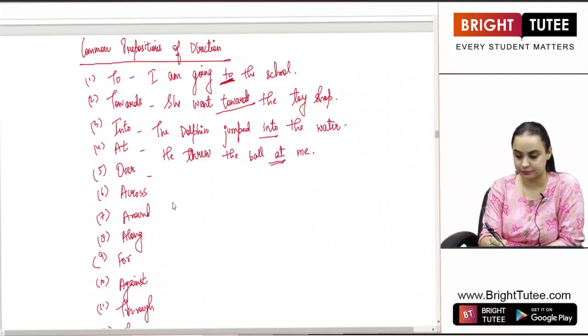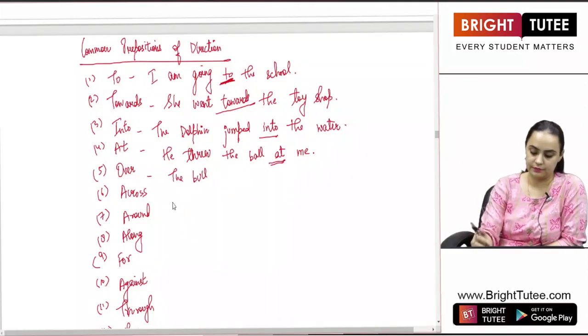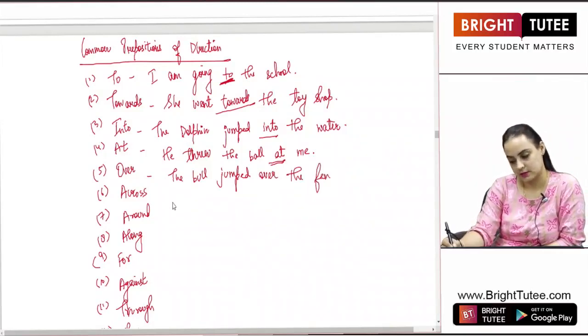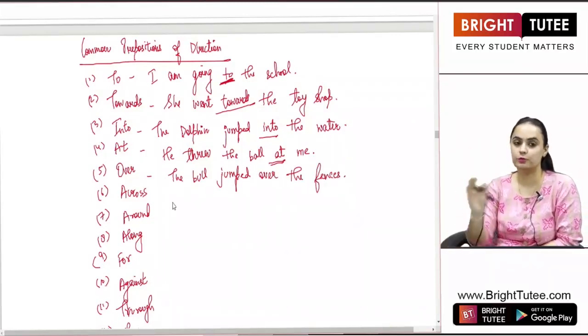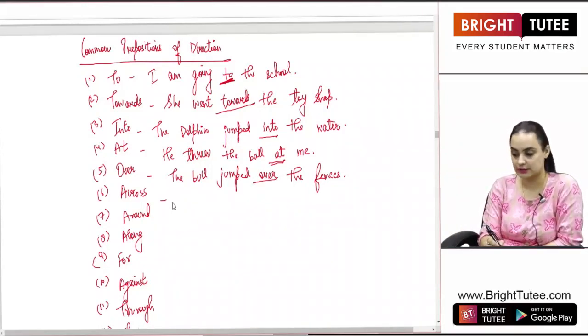Over. The bull jumped over the fences. So, what is the direction of the bull jumping? Over the fences. Across.